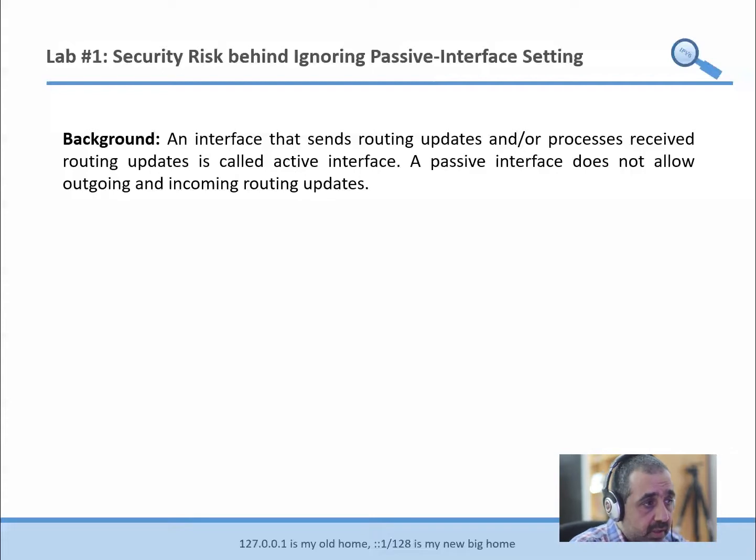On the other hand, a passive interface does not allow outgoing and incoming routing updates. In a Cisco router, we use the passive-interface command to make a router stop sending and receiving hello packets over an interface.